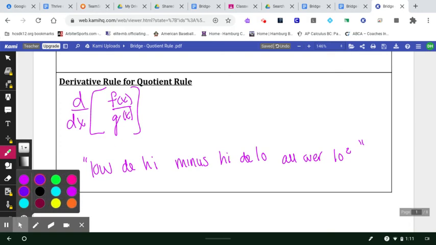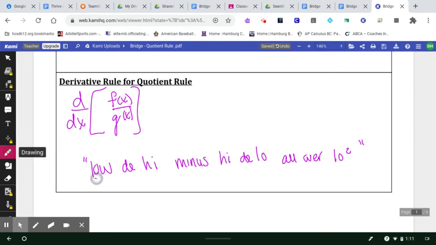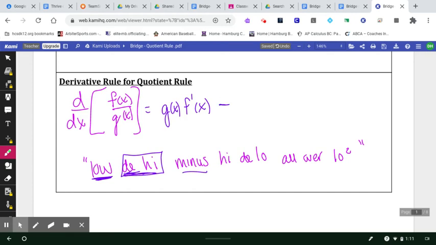What does that mean exactly? Well, kind of like it sounds. You start with the low, which is g of x. D high means derive the high, so the derivative of f of x is f prime of x. Minus; product rule had a plus sign, quotient rule has a minus sign.